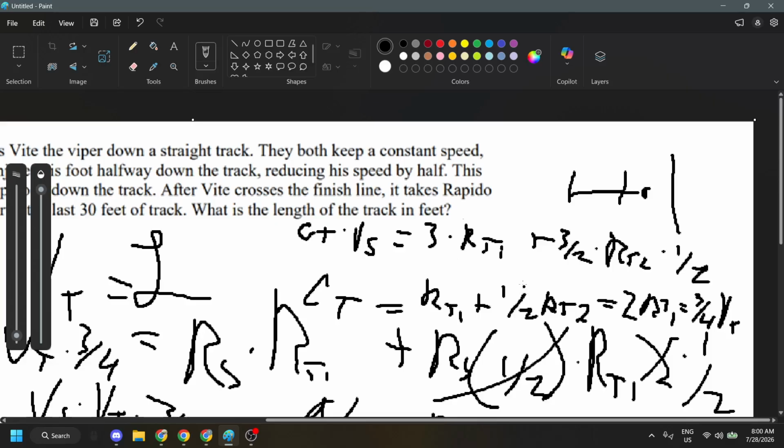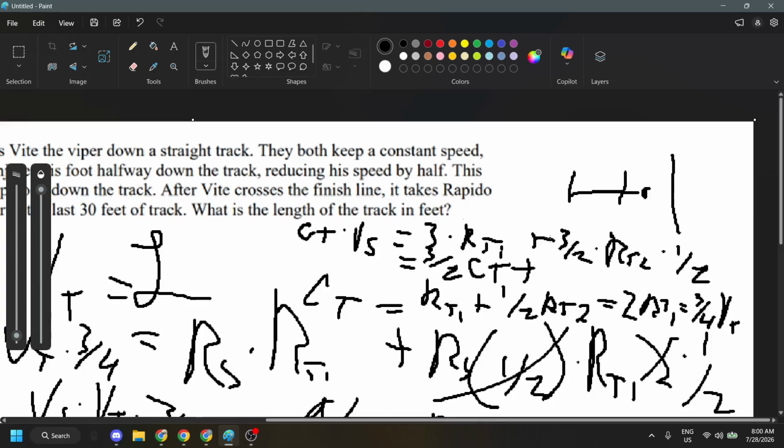So here, if we just simplify, we get 3 halves crossing time, plus, because this is, we know 1/2 crossing time is equal to RT1.